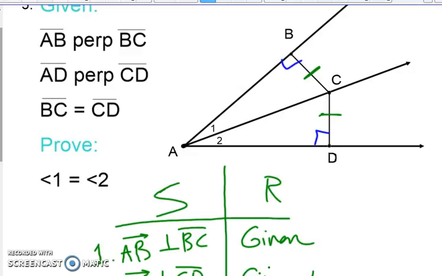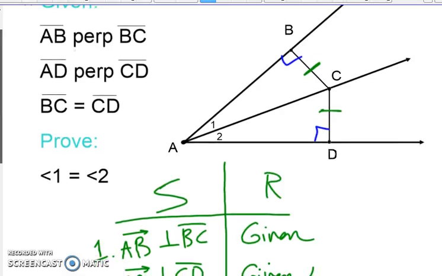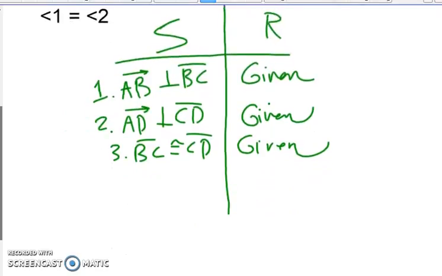And if we want to show it's an angle bisector, we can use this new theorem which says that AC will be an angle bisector provided that C is equidistant from the sides of that larger angle. And we actually already have that if you look. We have that C is equidistant from the sides of the angle. So right away we can say that.